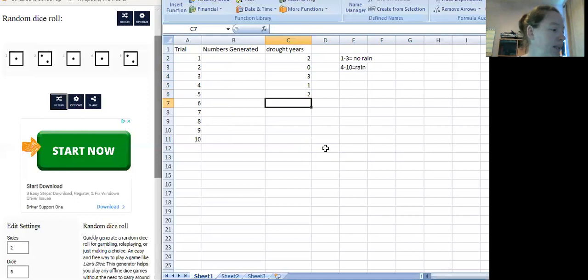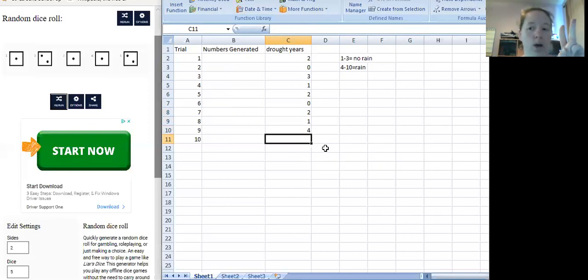Number 6, 8, 4, 8, 5. 0. Number 7, 6, 2, 2, 8. 2. Number 8, 6, 5, 2, 4. 1. Number 9, 2, 2, 3, 2, 4. Number 10, 6, 3, 1, 5. 2.